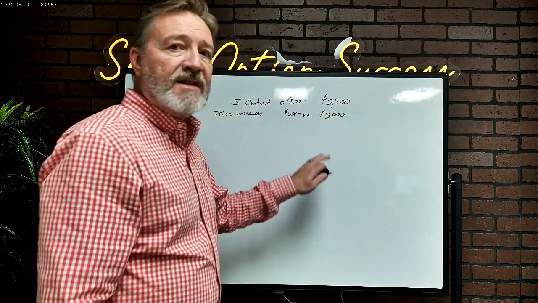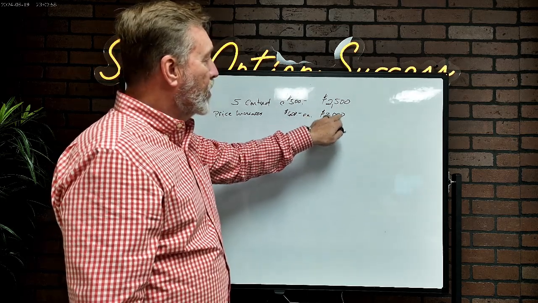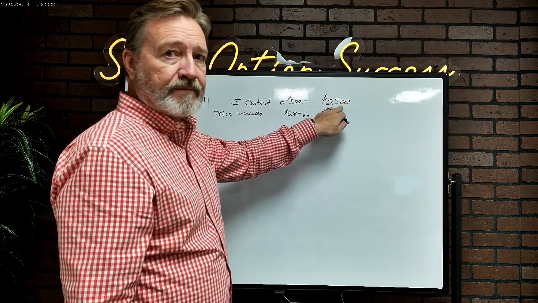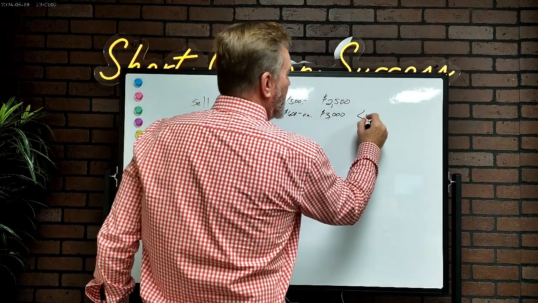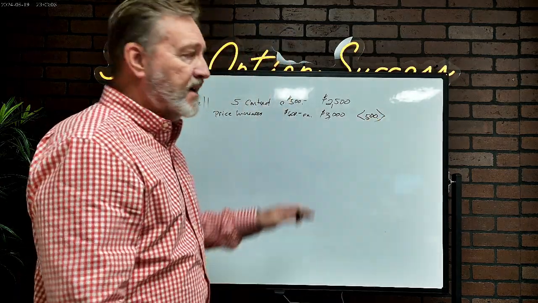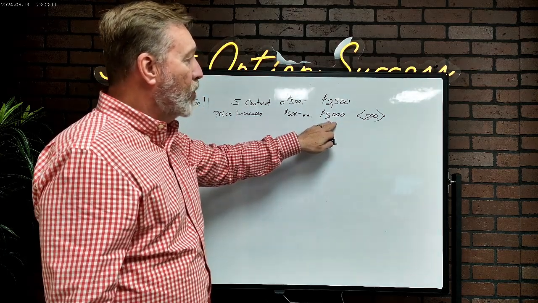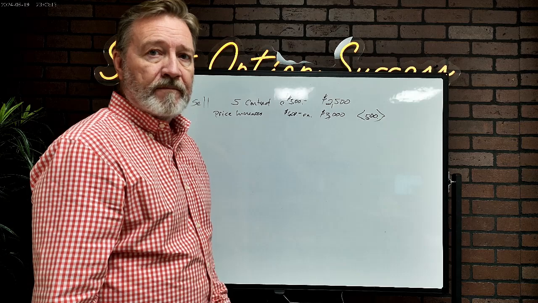Well, in commodity option selling, that's a bad thing, because now they're worth more than what we received for them. So we're in the hole by $500 at this point. Our trade is down $500.